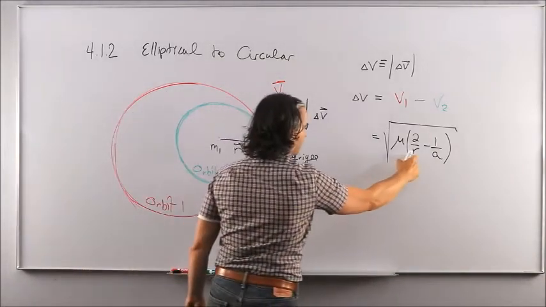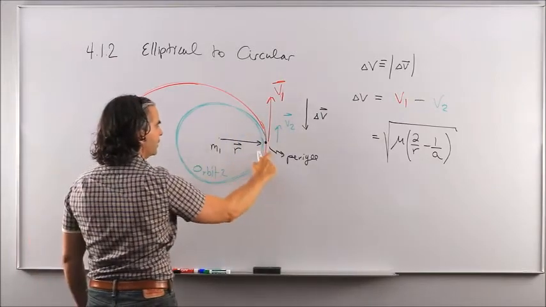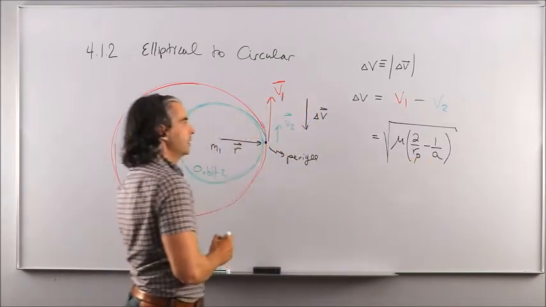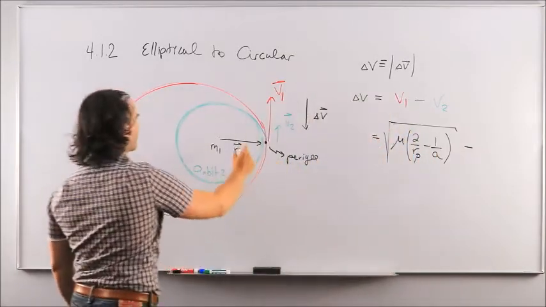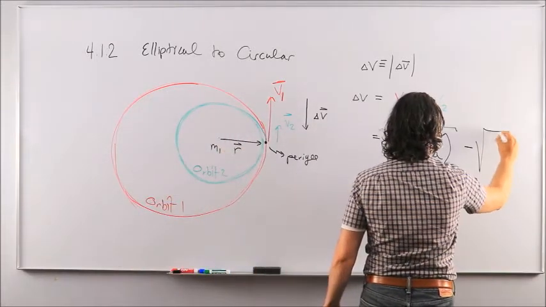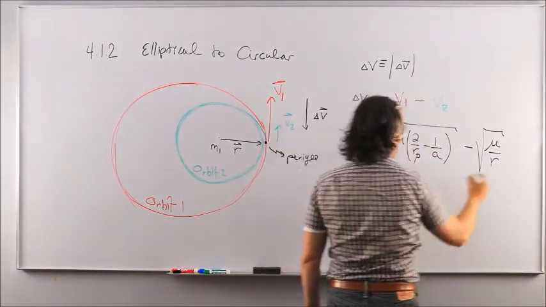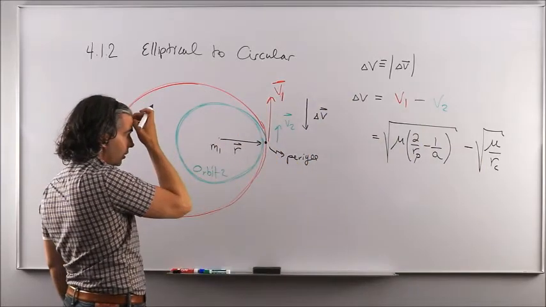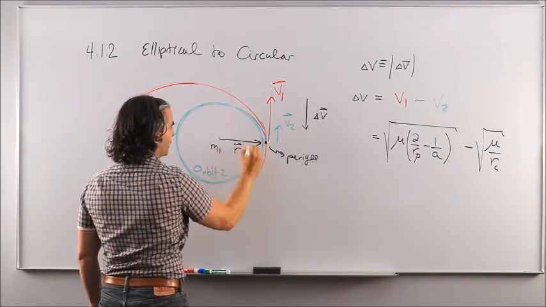Now r is not some generic position at which I'm applying the burn, because the maneuver is applied specifically at the perigee, and therefore r becomes the perigee of the elliptical orbit, minus the speed of orbit number 2, which is a circle, and you know that this is simply the square root of mu over r, and because this is a circle, I'm going to write RC. But note that in that situation, in the previous one, RC is equal to RP because this is the same radius here, okay?